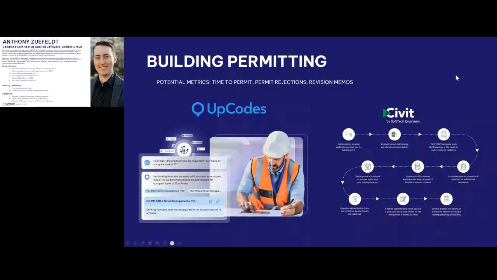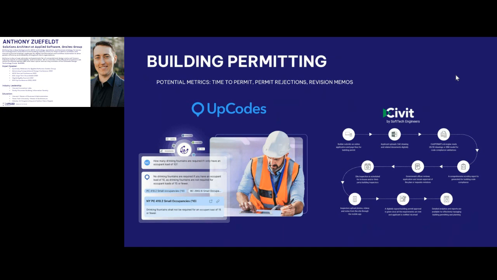As we get into things like building permitting, we start to see a similar kind of story where ultimately there are some huge opportunities for automation in this space. One example is UpCodes. UpCodes has been around for a little bit now, but they're a startup and they recently released their Copilot tool.